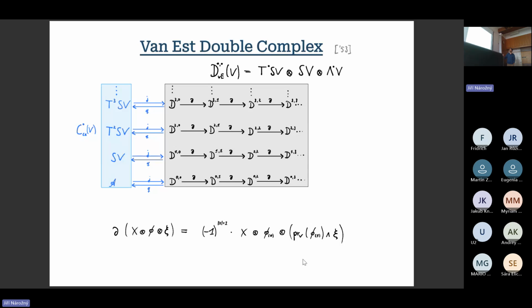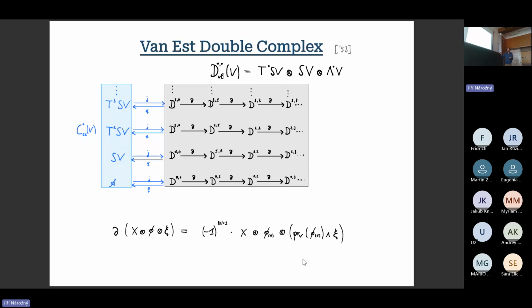What we do is we simply do nothing on x, and we use the shuffle co-product on the symmetric part and move one of the legs to the wedge part at the end. So here I use the usual notation for the shuffle co-product. And in order to take the wedge product here in the last part, we need to project to degree 1 in the symmetric part. So you can check easily this is really a differential on each of the rows here.